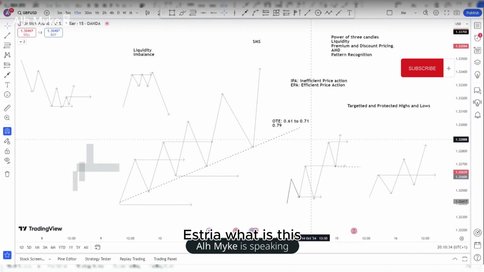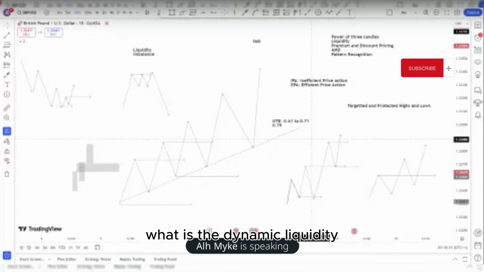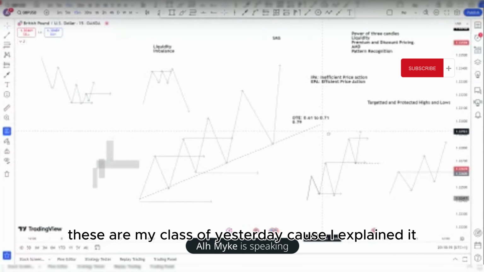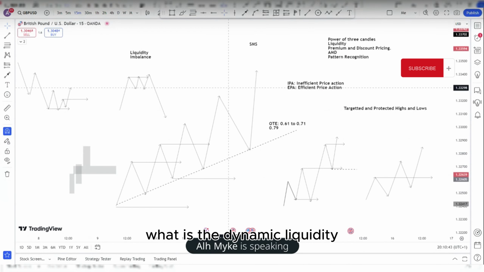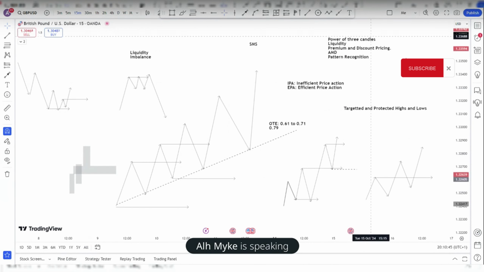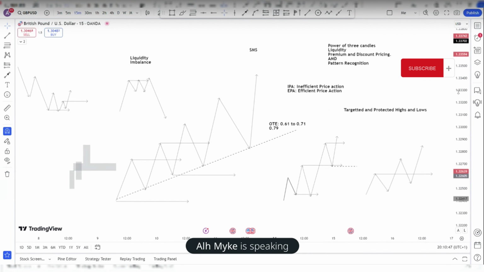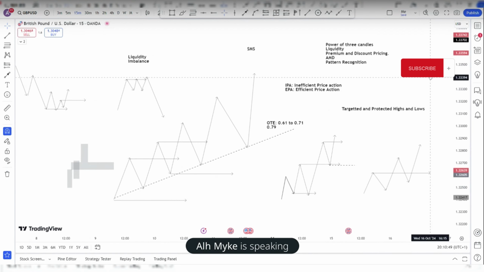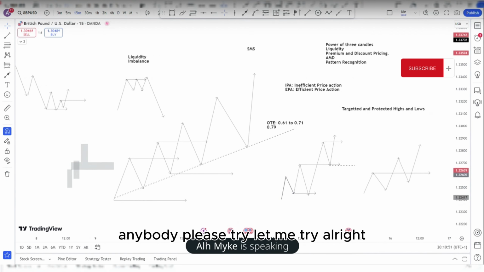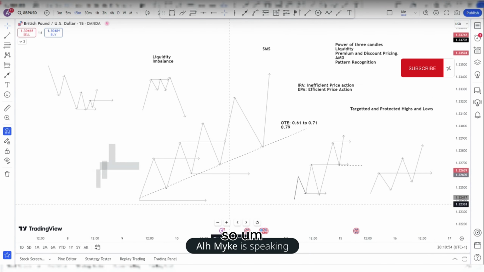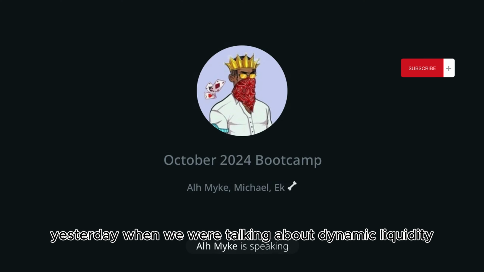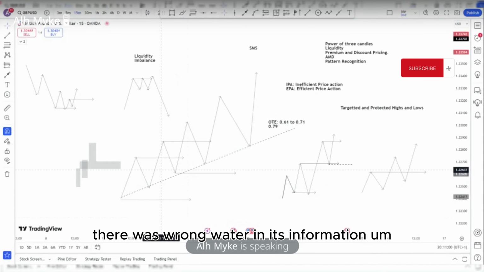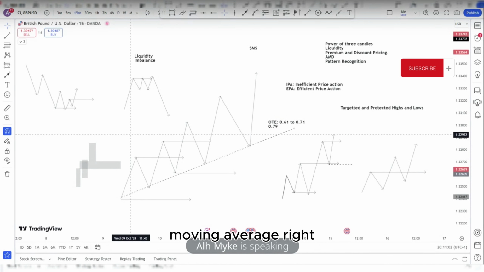Yesterday, what is a dynamic liquidity based on our class of yesterday? Because I explained it. What's a dynamic liquidity? Anybody, please try. Yesterday when we were talking about dynamic liquidity, there was one word I noticed you mentioned: moving average.